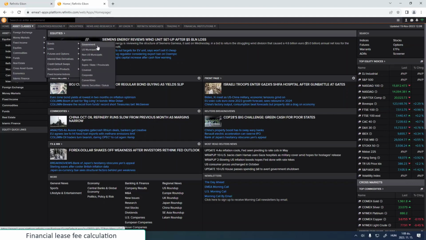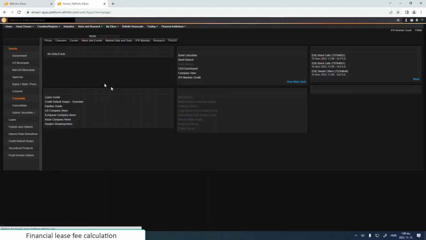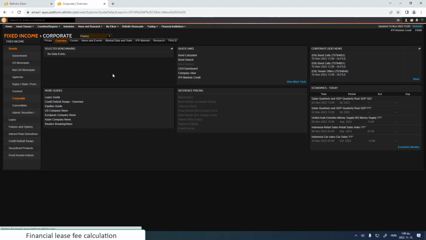It would be nice to have also bank bonds, because if you are just going to money markets, so we have bonds only. Bonds, corporate. Then you should do something, yes. Okay, France.